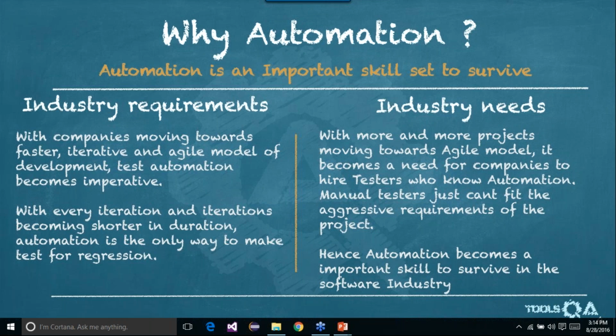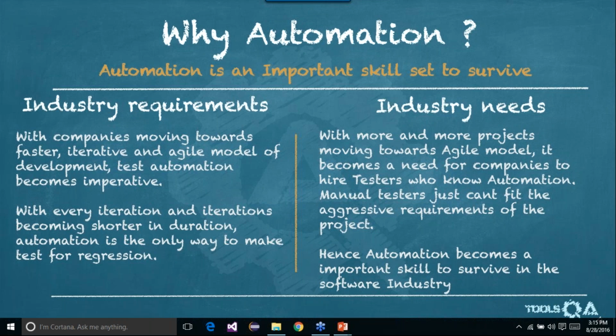Because of these contributing factors, moving towards the iterative model and having shorter release cycles, you would see that the job pattern is also changing. It's changing from manual testing towards automation testing. Companies are asking for automation testers as compared to manual testers.